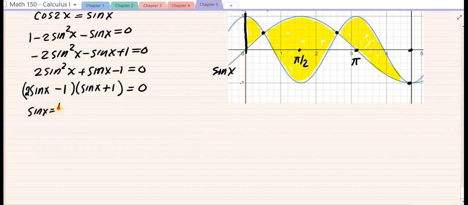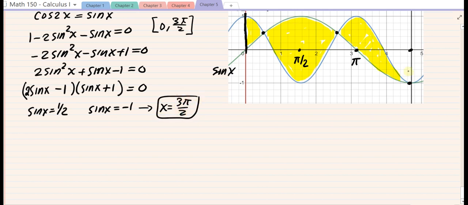Sine x equals 1/2 in one, and sine x equals negative 1 in the other. Now remember, our interval is between 0 and 3 pi over 2, right? So sine x equals negative 1, that means x is 3 pi over 2. And that is this point right here. That is 3 pi over 2.